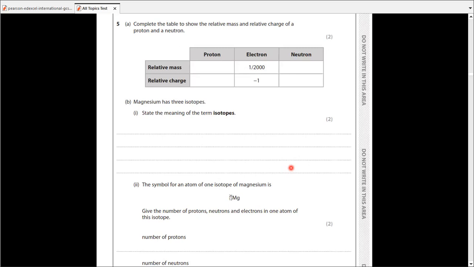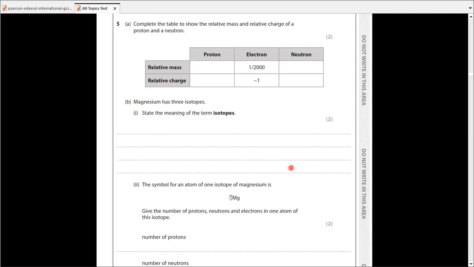Okay, so just the relative charges, that's easy. The relative mass of a proton and neutron is 1, right? And then charge is +1 for proton, and it's neutral for a neutron, so just 0.